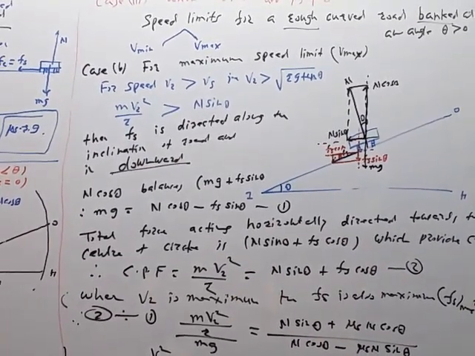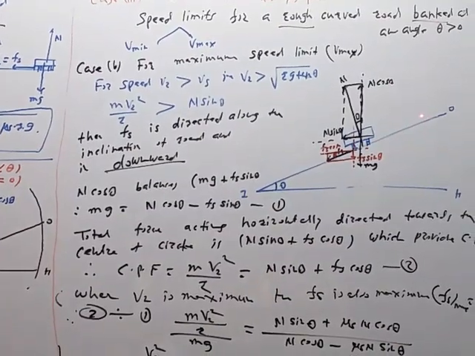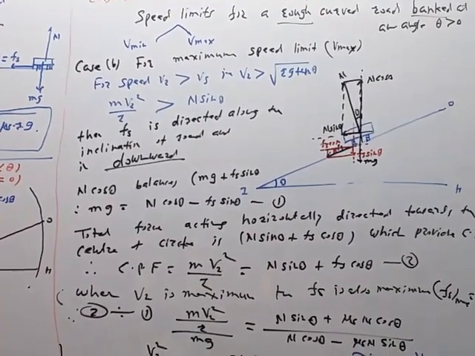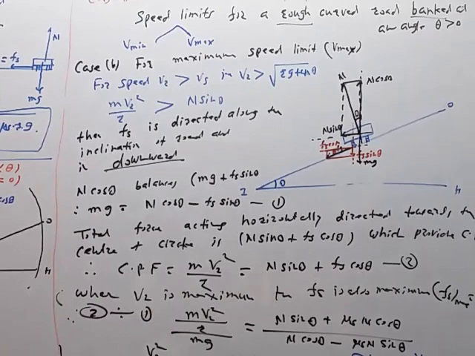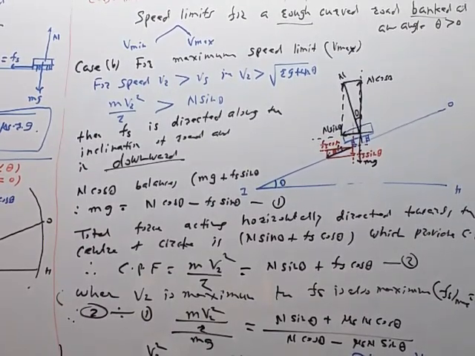For minimum speed, this Fs will be in the other direction. म्हणजे एफएसचे डायरेक्शन कसं चेंज होतं तो खरं पार्ट महत्त्वाचा आहे. बाकी वेक्टर रेझोल्युशनची मेथड तर आपण दोघे तिघे ठिकाणी यूज केलेली. N is resolved into the 2 components, Fs is resolved into the 2 components, and then we find the equation. Actually by using free body diagram theory, FBD, we can also get the same equation, but this is the simple method.